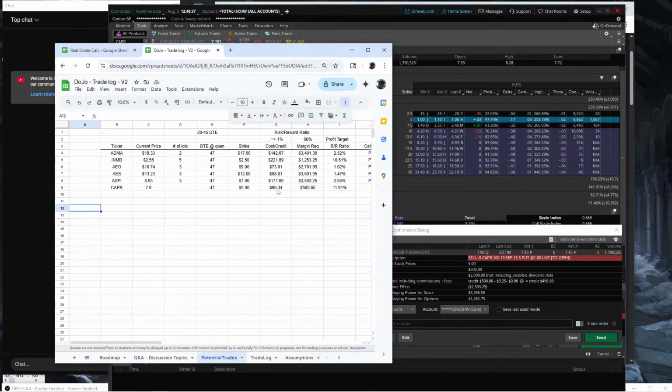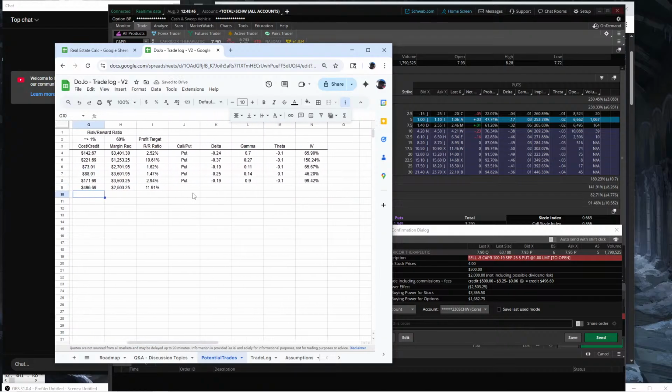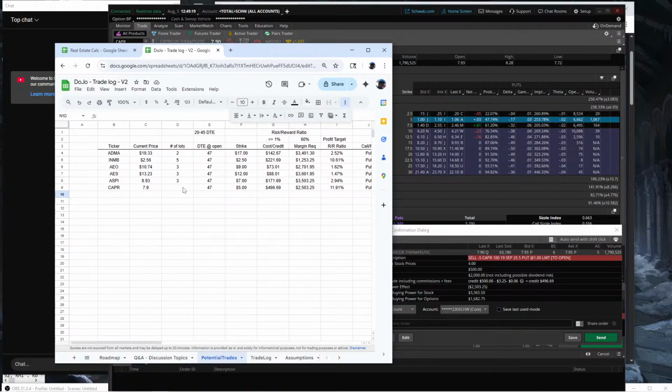669. Implied volatility is 200% right now. That's crazy. They have to have something coming up because that's huge.